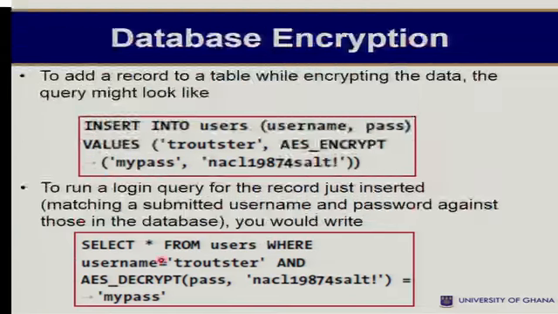So in this case, we are saying select from users where the username is the username that we have added, and where the pass that we are bringing, this is the data field that contains the password, and also this is the salt, the set of characters that we added when we're encrypting the data, and then it should be equal to this.